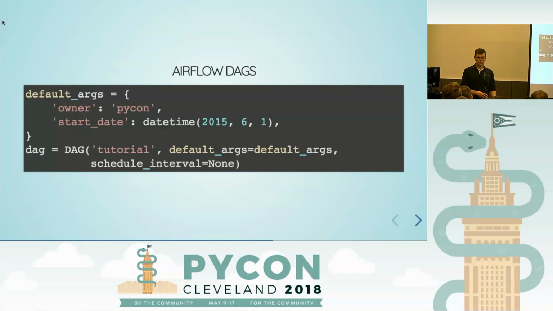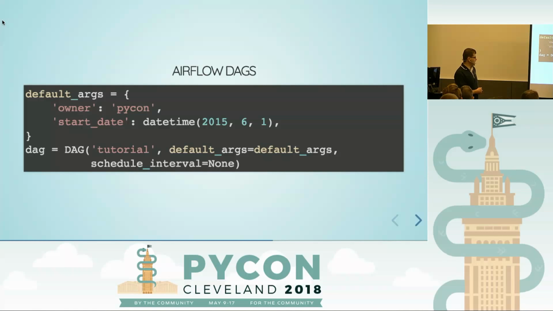You can override them, but these are the defaults that, once we associate a task with a DAG, will be passed over to it. This gives you a lot of features that you can specify in this dictionary, but for now we'll just see these two.